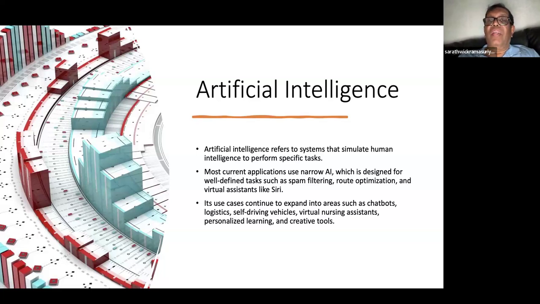I don't agree with that. But artificial intelligence is required when it is necessary. Artificial intelligence refers to systems that simulate human intelligence to perform specific tasks, right? Most current applications use narrow AI, which is designed for a well-defined task: spam filtering, route optimization, etc.